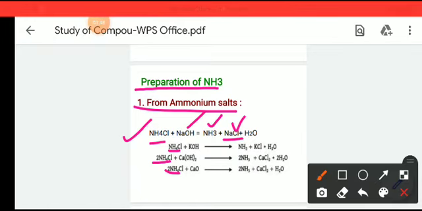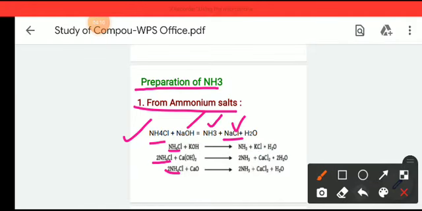NaCl is the salt of NaOH. KCl forms because KOH is the base. CaCl2, calcium chloride, forms where the base is calcium hydroxide, and similarly CaCl2 is also formed where the base is calcium oxide. So the salt depends on the base, and the third product is H2O.